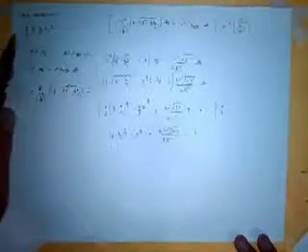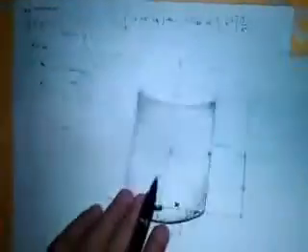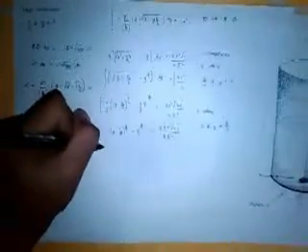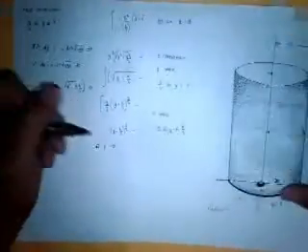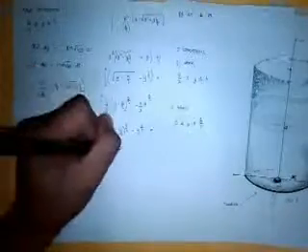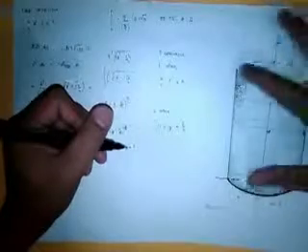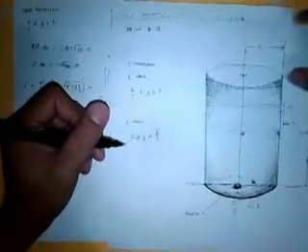That means in this condition, we assume that at time t is equal to 0, that means the starting or initial time, our y starts with h. That means it is full. The water is from the height h.